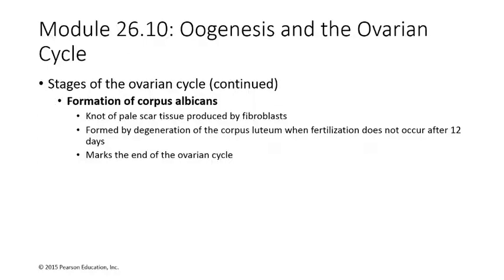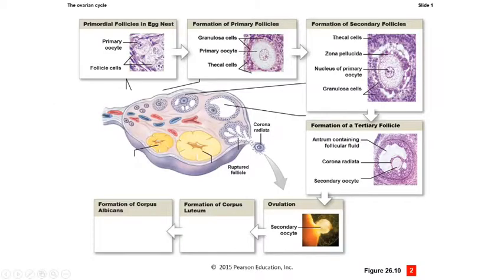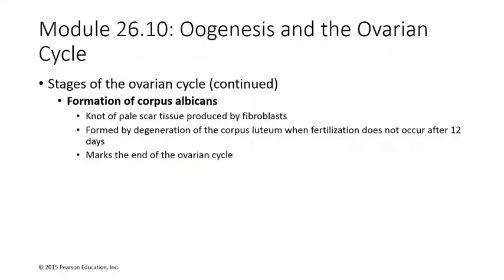Now, if fertilization does not occur, if the embryo is not formed, the corpus luteum will regress and form the corpus albicans. And the corpus albicans, think albino, is this pale, whitish scar tissue that is produced by some fibroblasts and basically marks the degeneration of the corpus luteum.